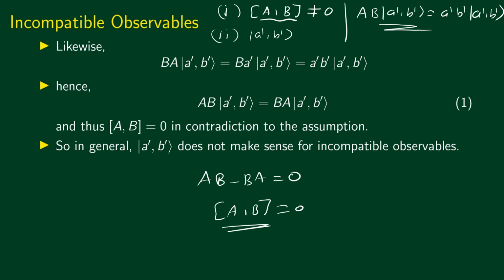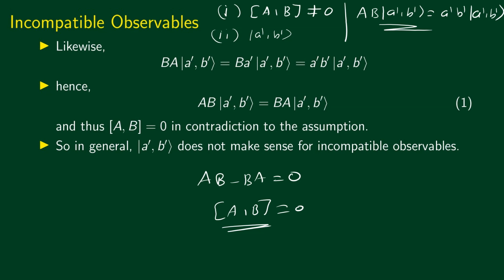So you cannot have them as non-commuting observables and still have a complete set of simultaneous eigenkets. That will lead to a contradiction, which means that if two observables do not commute, they cannot have a complete set of simultaneous eigenkets. Okay, I hope this is clear.